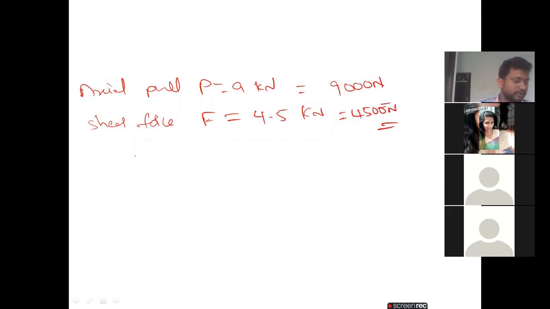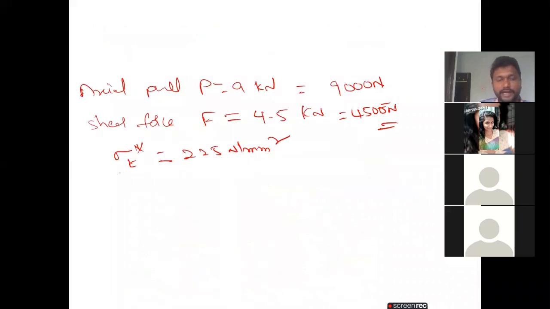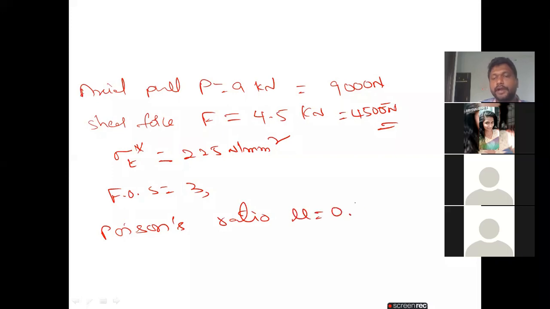Next, the elastic limit in tension, sigma T star, they gave 225 Newton per mm square. Next, factor of safety is 3. Poisson's ratio mu equal to 0.3. This is the given data.